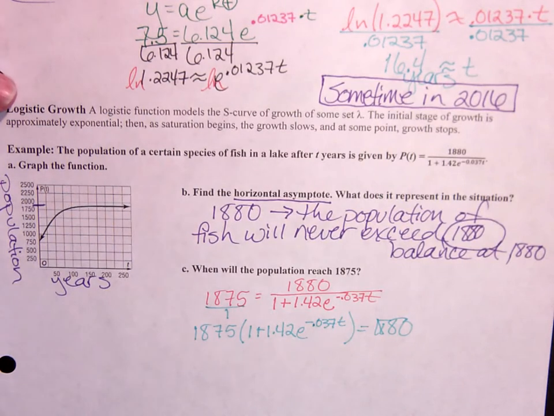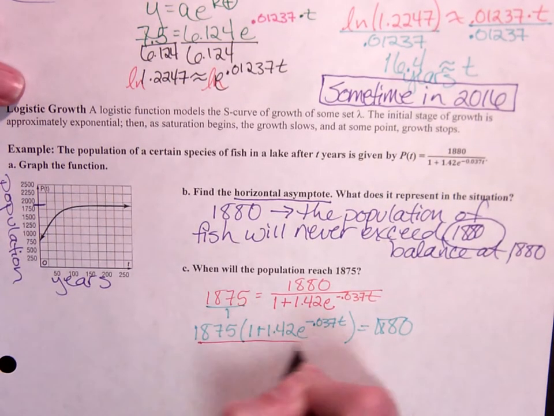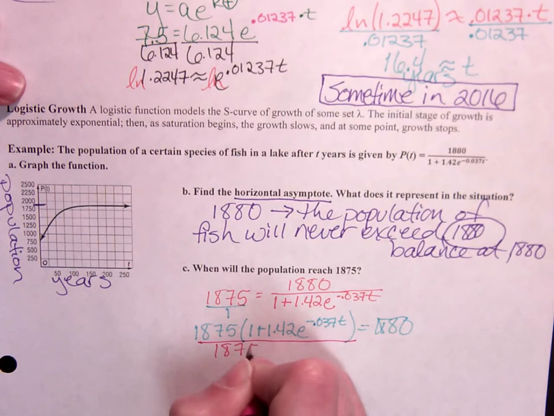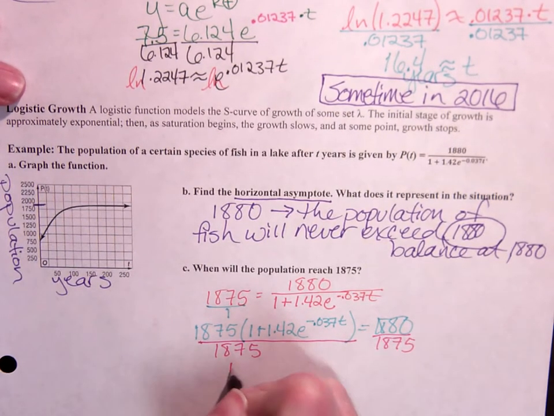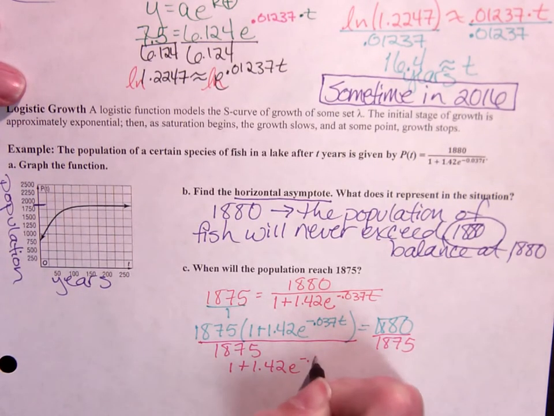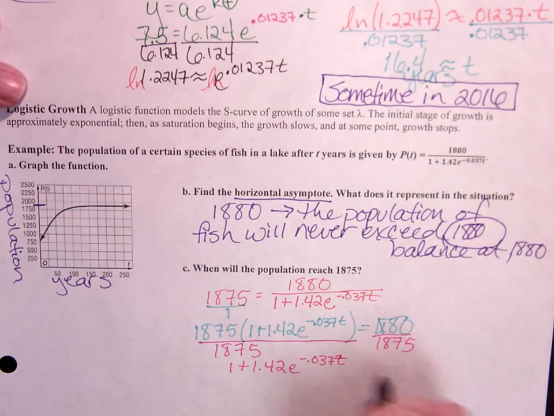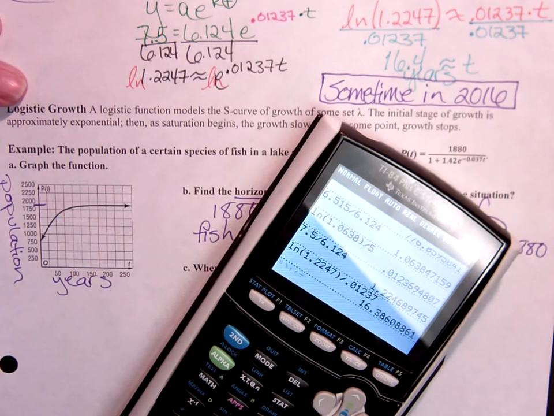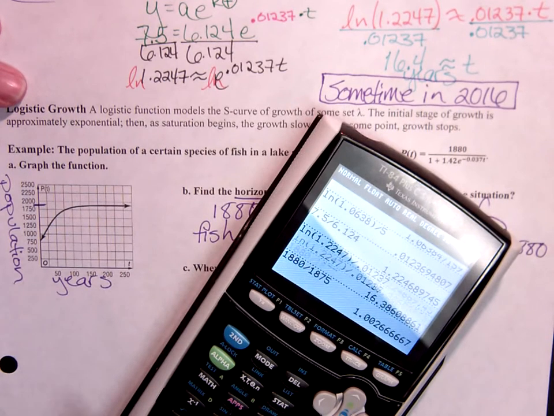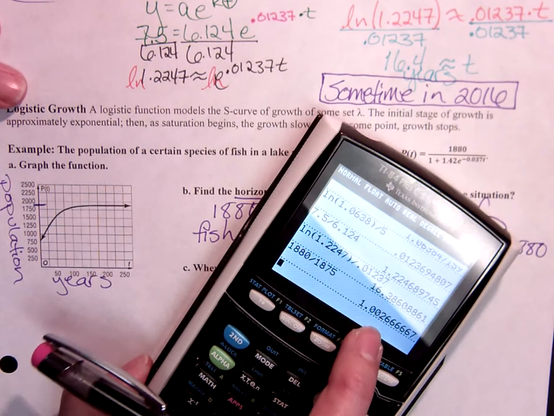So we're just going to go ahead and start undoing. 1875, 1 plus 1.42 e to the negative 0.037 t equals 1880 divided by 1875, 1.0027.